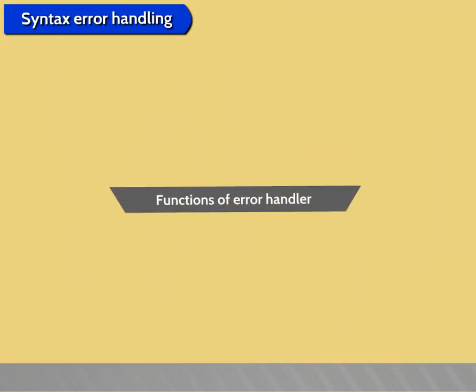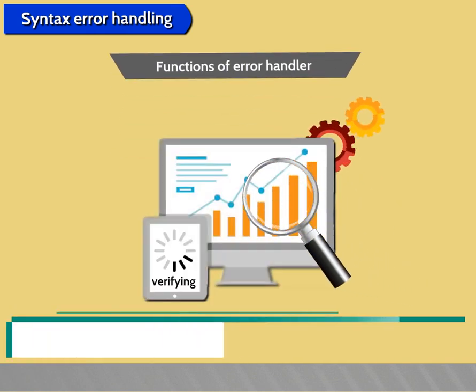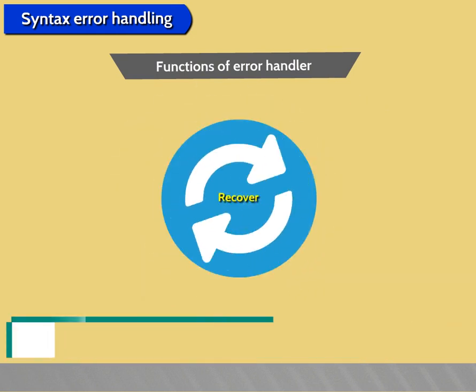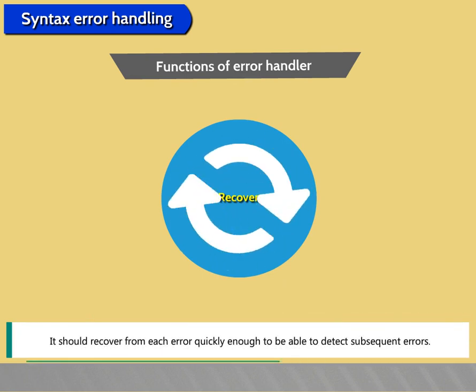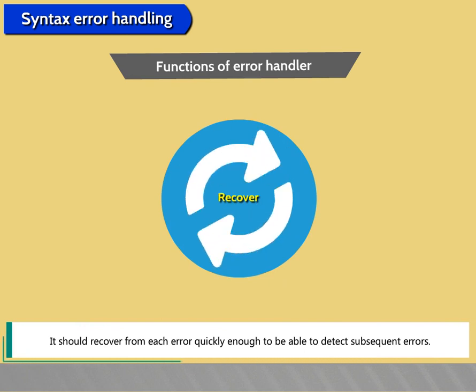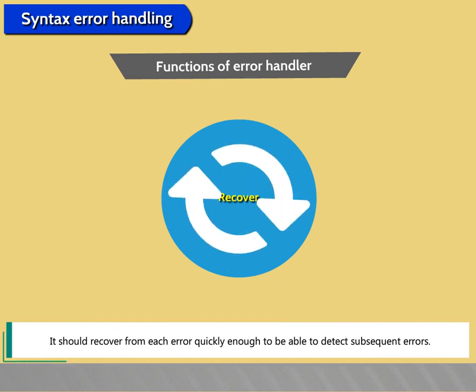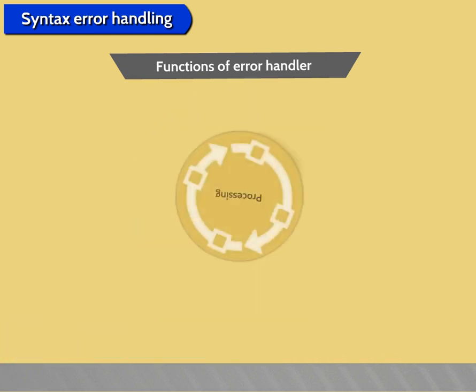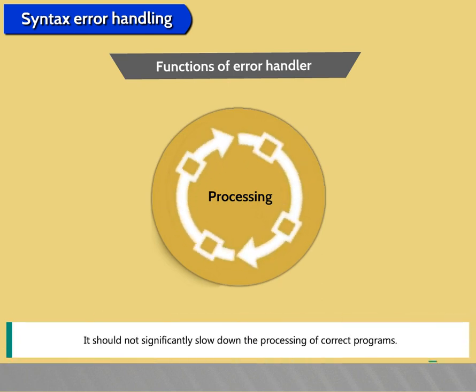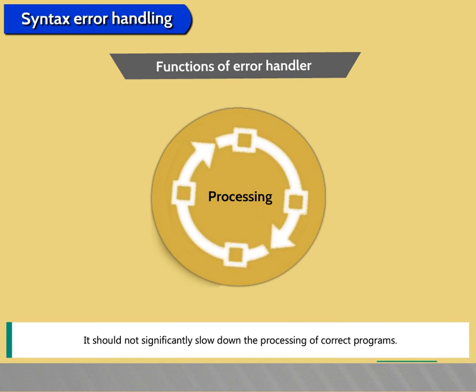Functions of error handler. It should report the presence of errors clearly and accurately. It should recover from each error quickly enough to be able to detect subsequent errors. It should not significantly slow down the processing of correct programs.